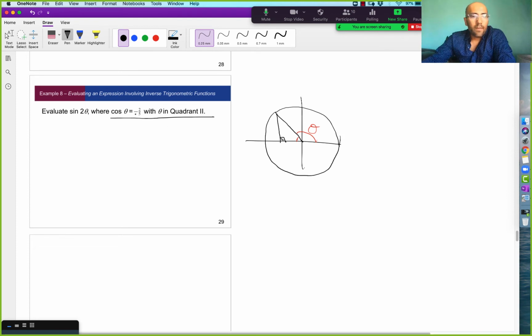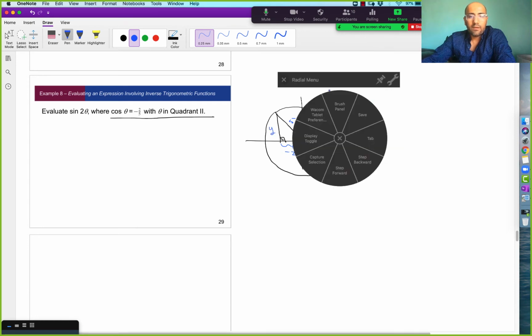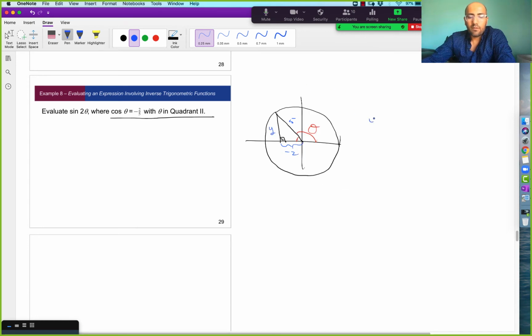Okay, so cosine is equal to negative 2/5. So that must mean that this little space over here must be negative 2. And so therefore that must be 5. Cosine equals adjacent over hypotenuse. So now this missing side over here, y, well, we get to use our Pythagorean theorem.